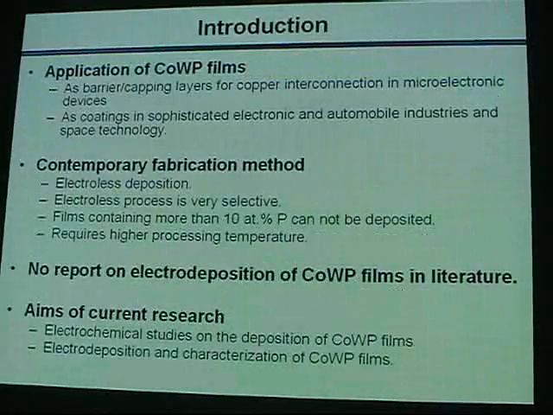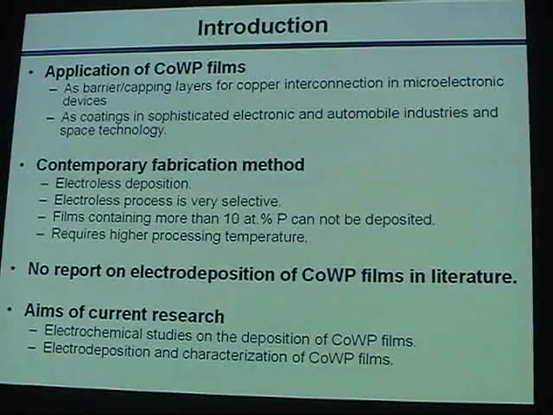The application of cobalt tungsten phosphorus is as a barrier or capping layer for copper interconnection in microelectronic devices. Before, people used aluminum wire in ultra large scale integration, but copper has some advantages, like low resistance.